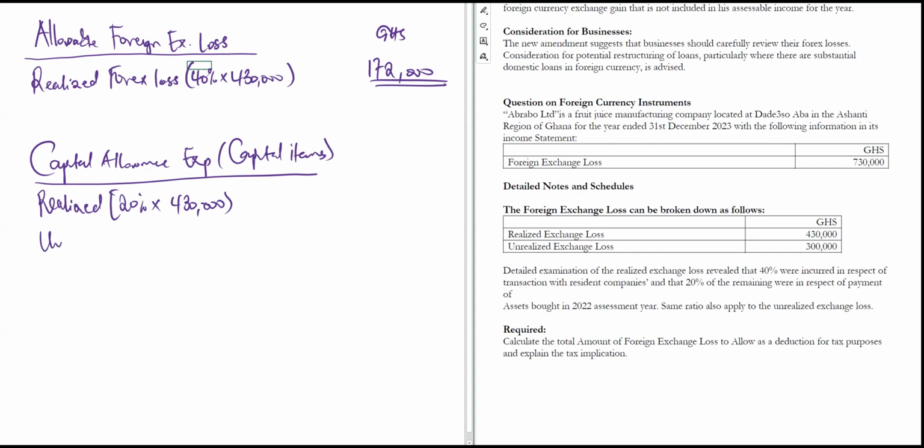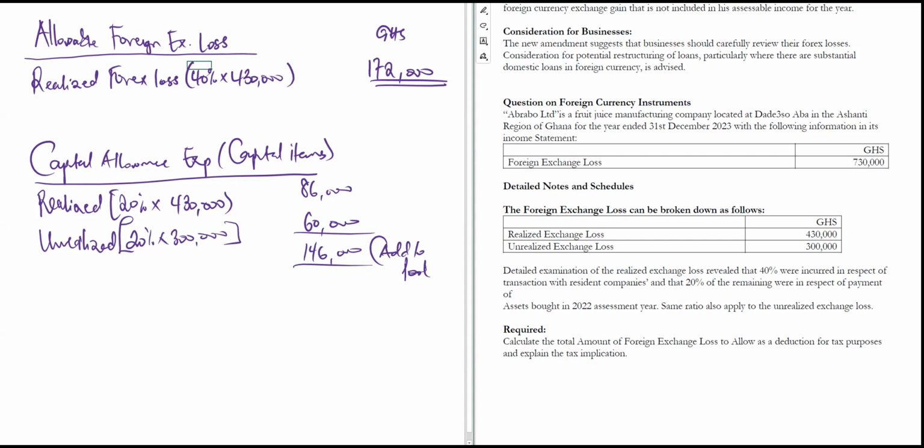And then the unrealized one was also 20% of the 300,000. So this will be 86,000 and this will be 60,000. So this is 146,000, which will be added to the pool, right?